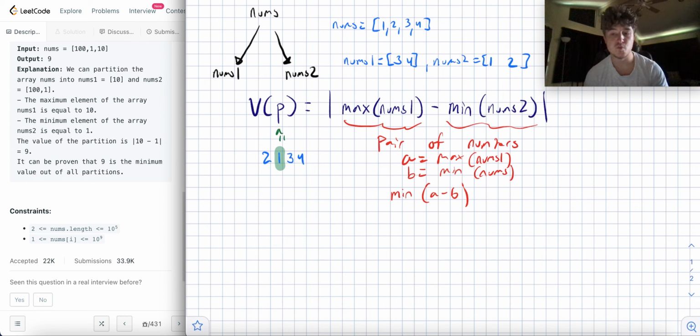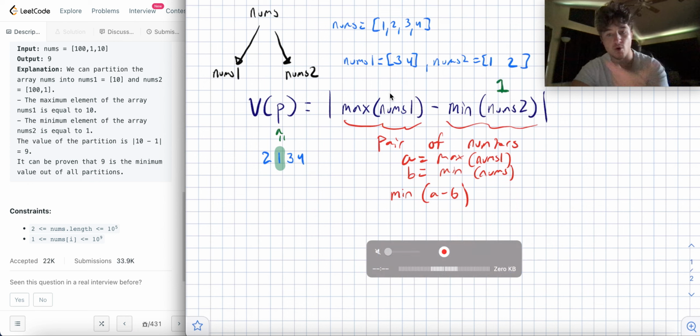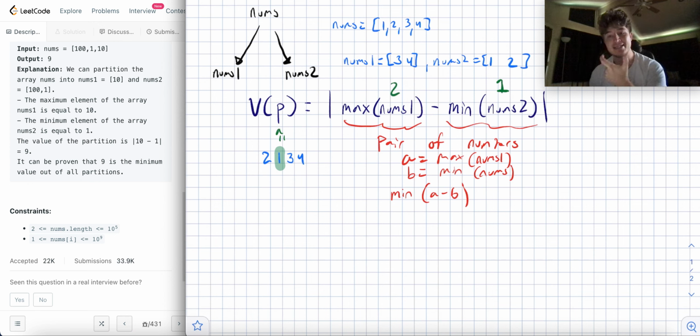If A equals 1, what would be the number closest to 1 to minimize the difference, right? If I chose this to be 1 here, what number needs to be here in order to minimize the difference? Well, I could put 2 there, 3 there, or 4 there, right? The answer, of course, is 2, right? The number that minimizes the difference between two numbers is the closest number to that number, right?